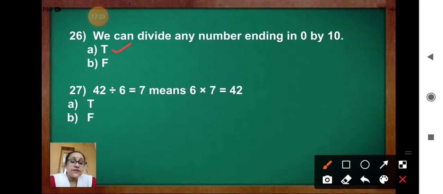See the tables of 6. So 6 7s are 42. Means 6 into 7 equal to 42. True or false? It is true. Done?